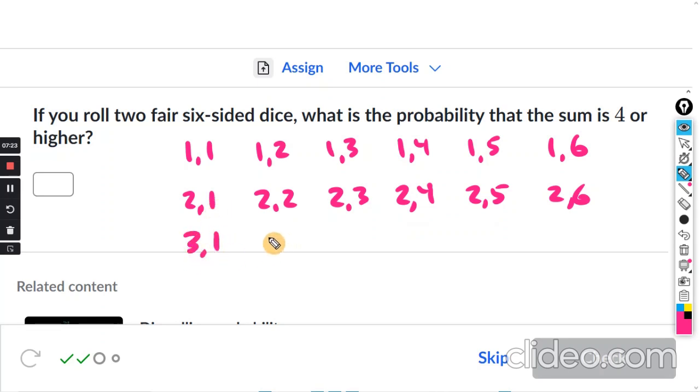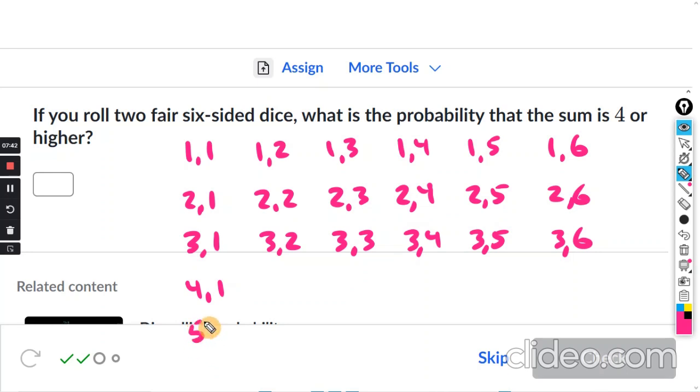The second number is the second roll. Then you have a 3-1, 3-2, 3-3, 3-4, 3-5, 3-6. And you keep going. I'm going to write it out. You don't have to write all of them out. All right, but I'm going to write it out just to show you.